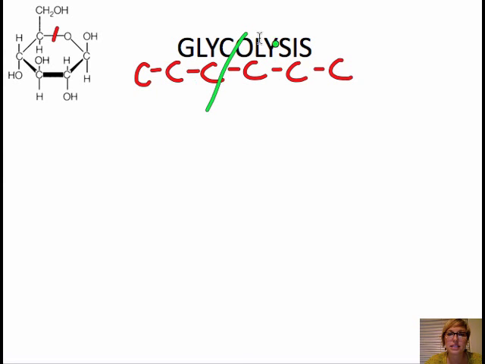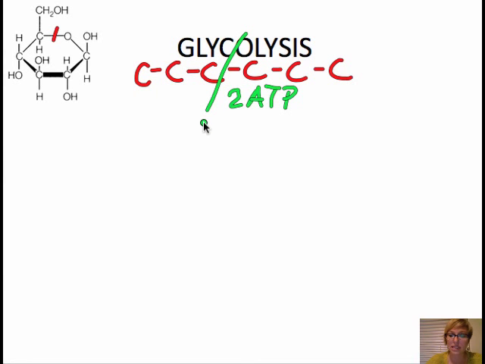So this takes an initial investment, and that initial investment is going to cost us 2 ATP. For glycolysis, we've invested this much ATP, but we're hoping to get more than that back.